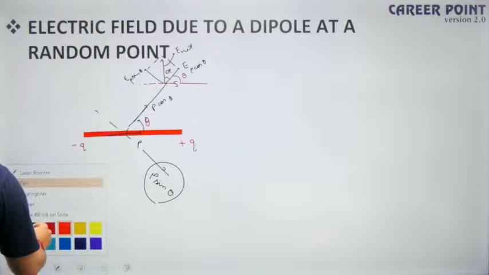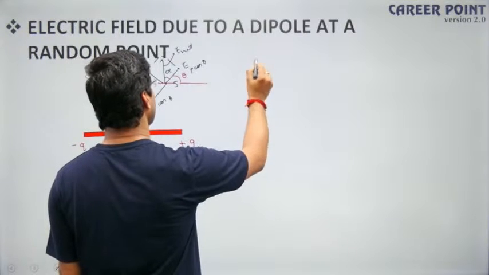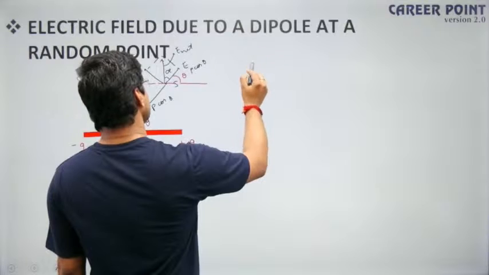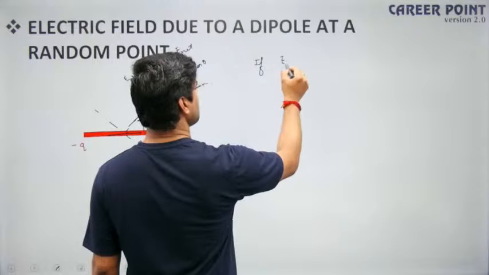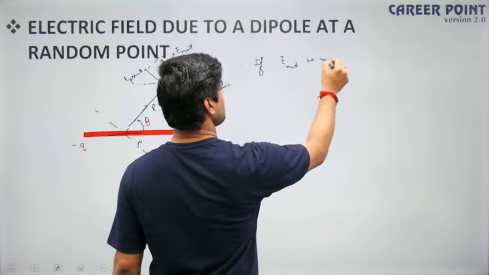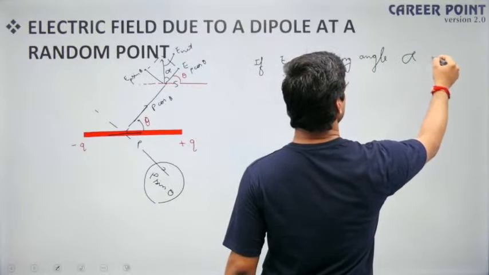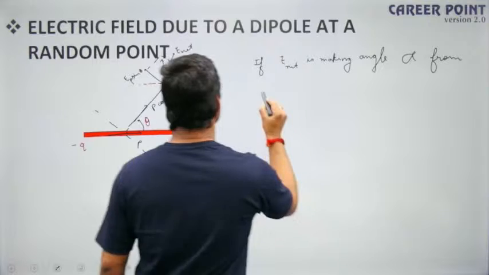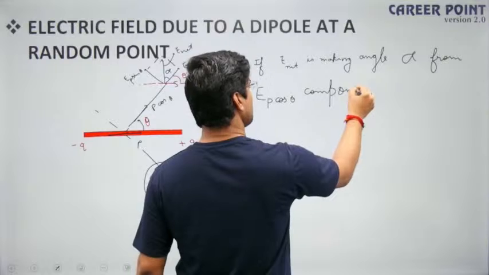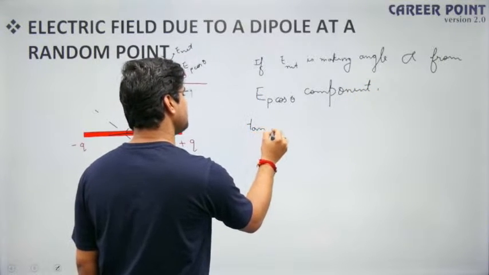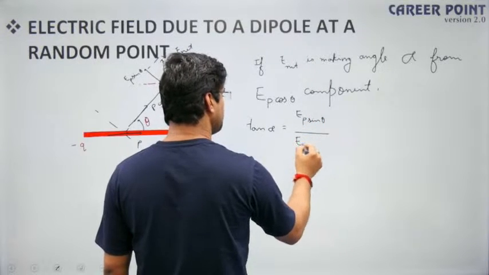So what we can suggest from here, we can say that if E net is making angle alpha from the EP cos theta component, then we can write directly tan alpha is equal to electric field due to P sin theta divided by electric field due to P cos theta.